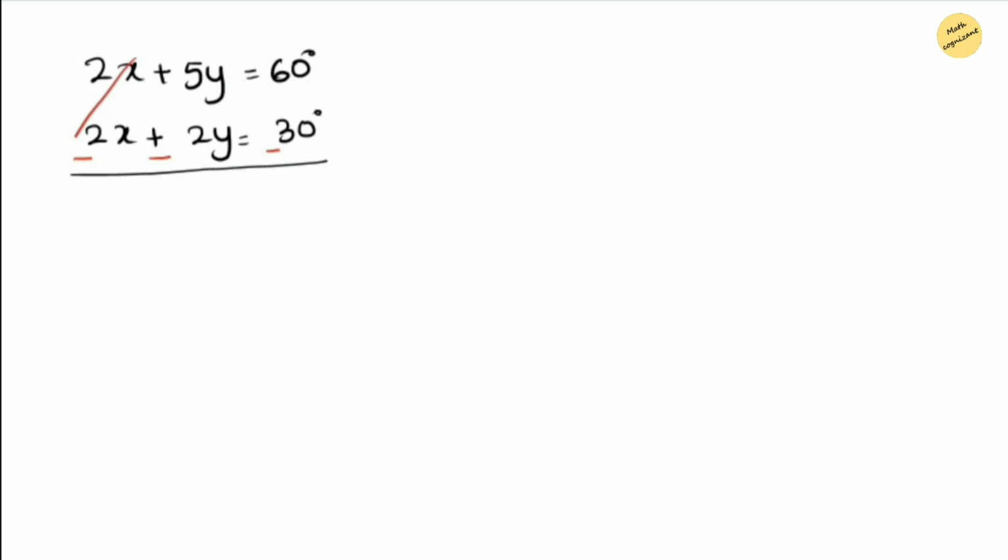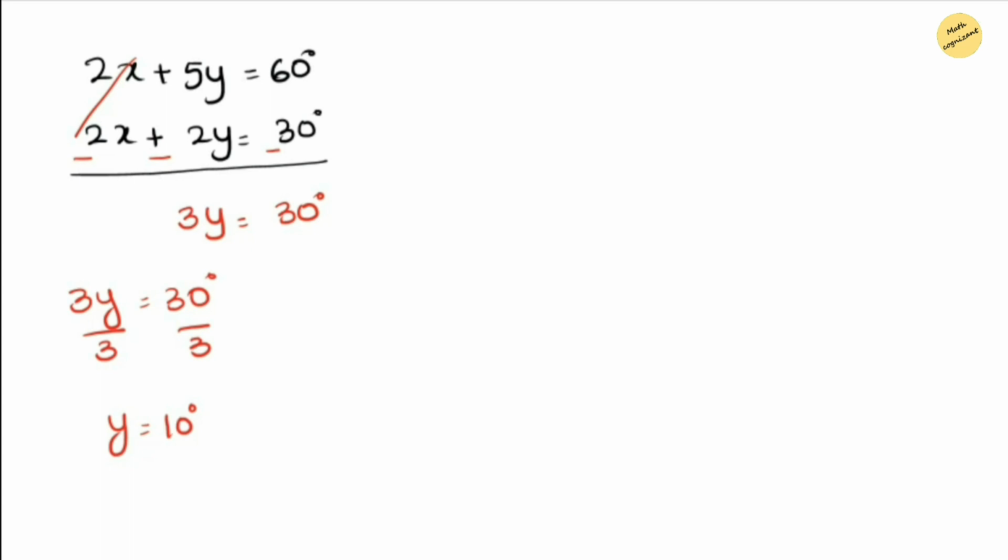So positive 2x and negative 2x cancel. 5 minus 2 is equal to 3y, and 30 minus 60 equals negative 30. So 3y equals 30. This is a multiplication equation, so we need to do the opposite action, that is division. It's left with 30 divided by 3 equals 10. So y is equal to 10 degrees.